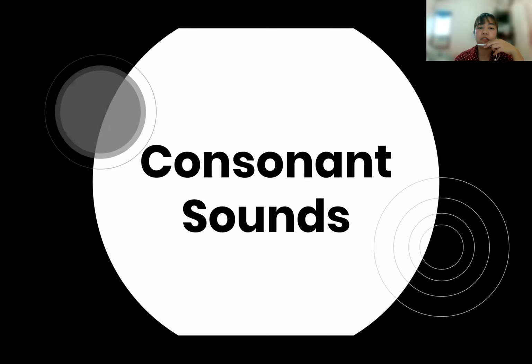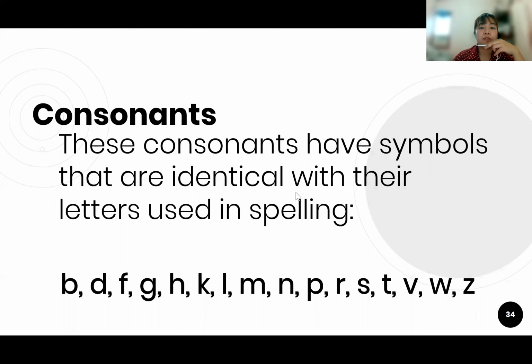Next, for consonant sounds naman. So we get this out of the way. These consonants that we have here in this slide have symbols that are identical with their letters used in spelling. So for example, the sound of B is still written in IPA transcription using the same letter.